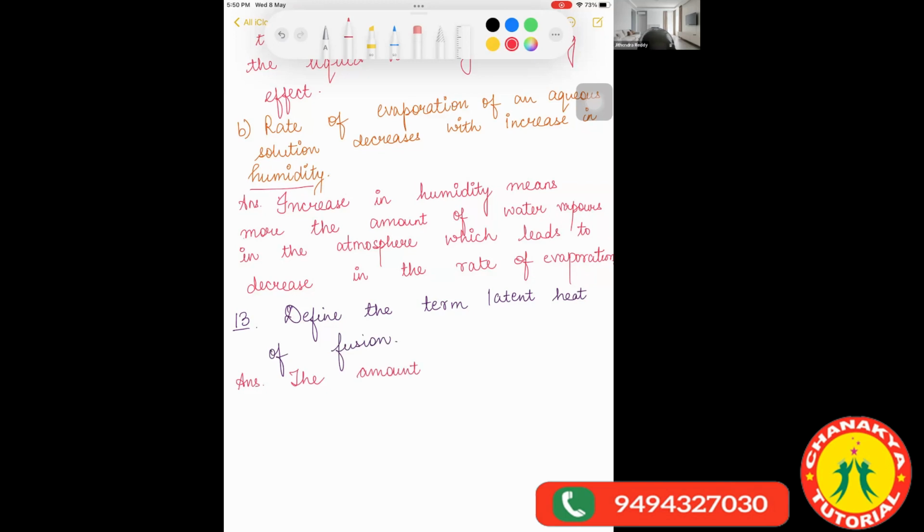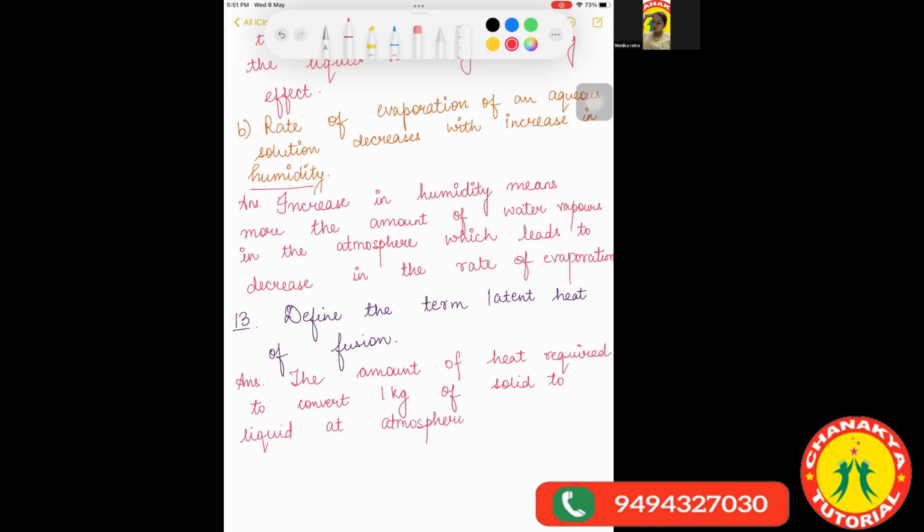Pressure, not temperature. The amount of heat required to convert 1 kg of solid to liquid at atmospheric pressure at its melting point.